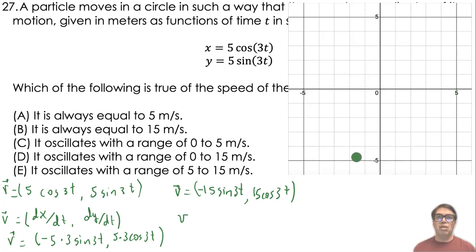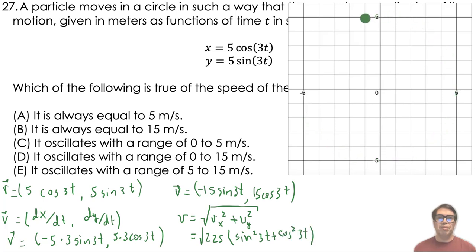Then the speed, which is the magnitude of the velocity, according to the Pythagorean theorem, should be the square root of vx squared plus vy squared, and that's of course going to be the square root of 225 times sine squared of 3t plus cosine squared of 3t.